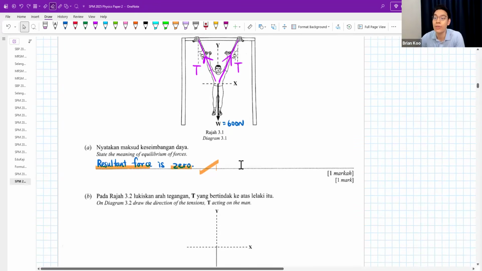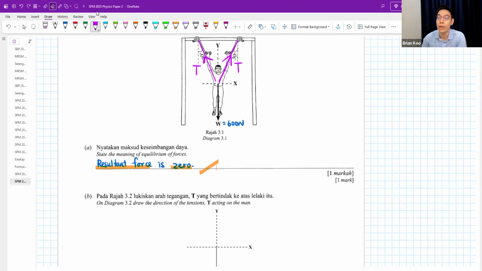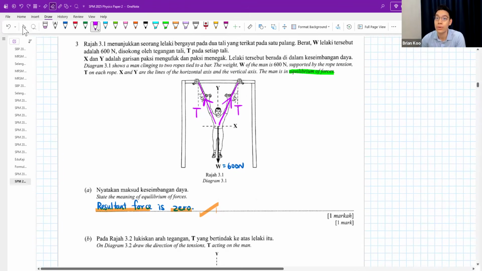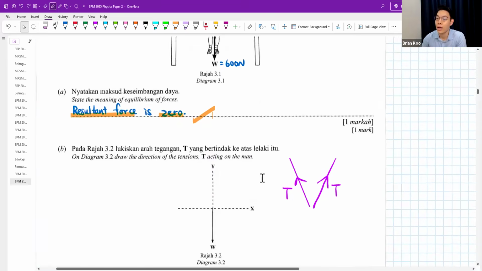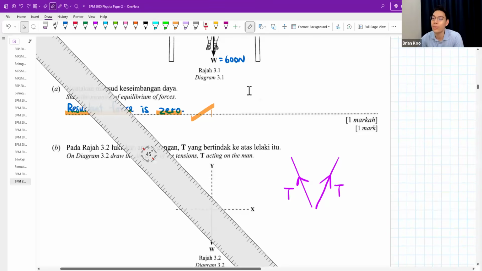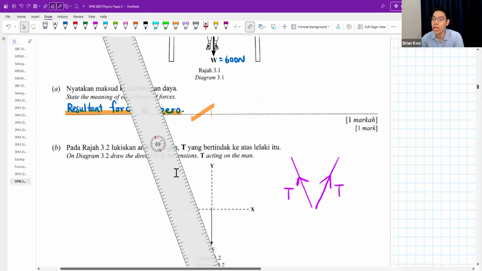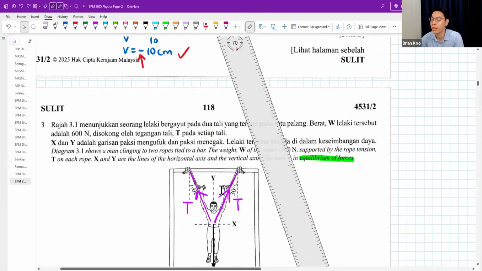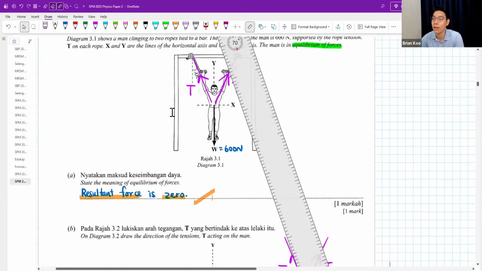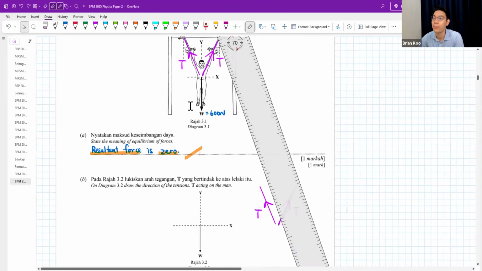Okay, so when they ask you to draw, you draw like this. I'm going to copy and paste, or maybe I draw nicer a little bit. But the point is I don't want to change it too much. Like just now I drew like this. I want to follow this rope.